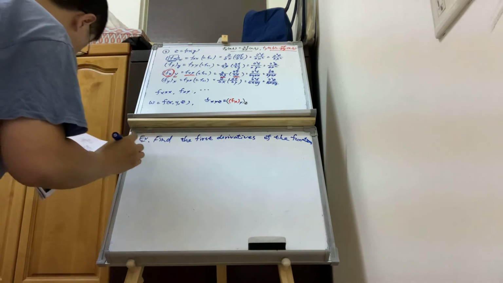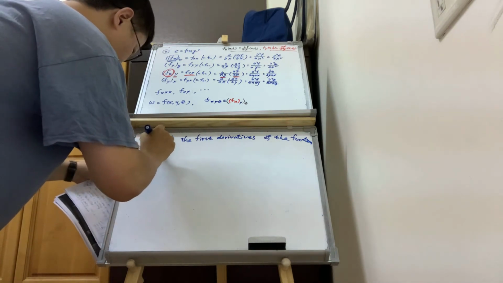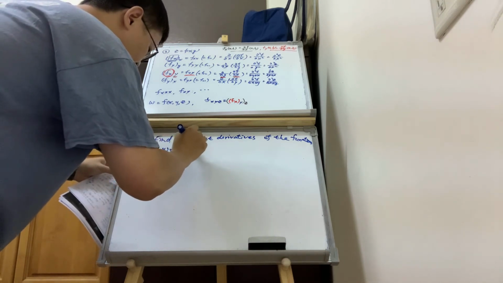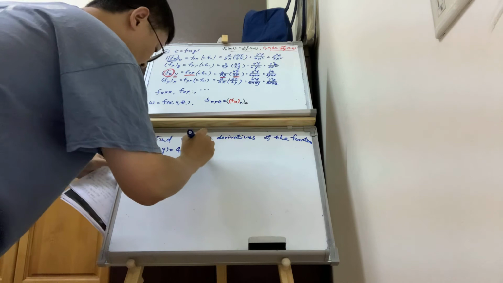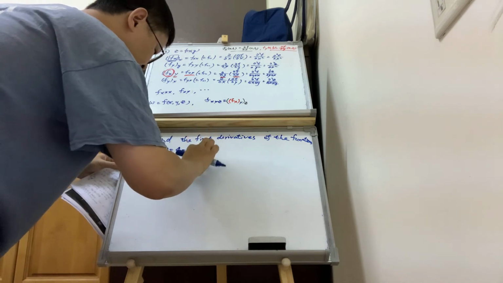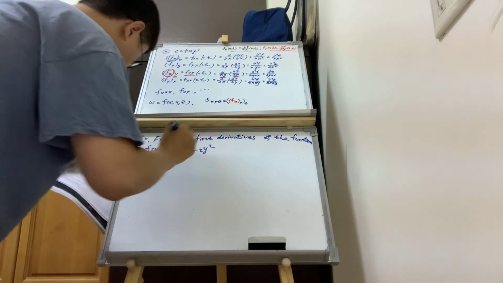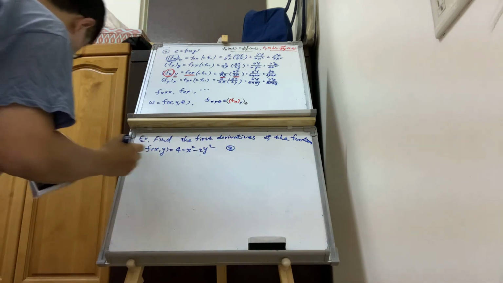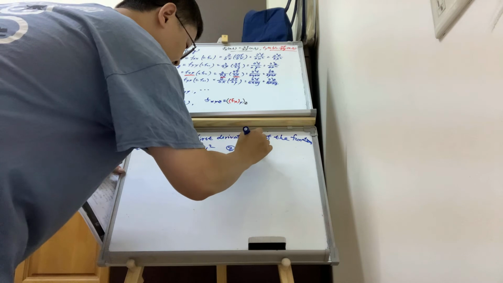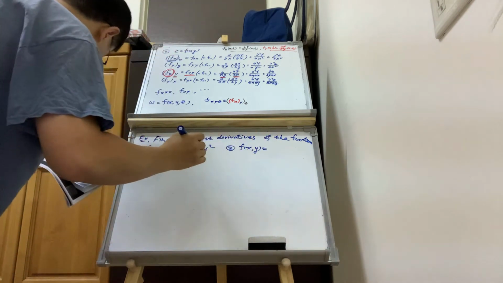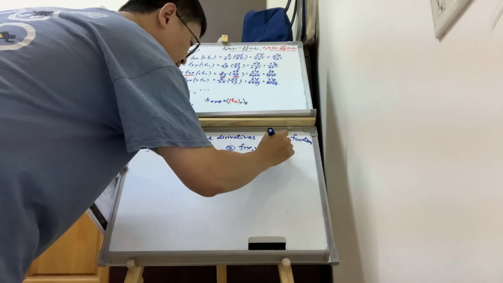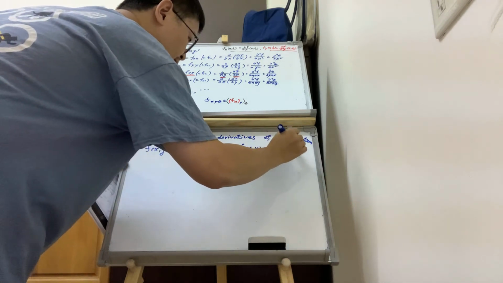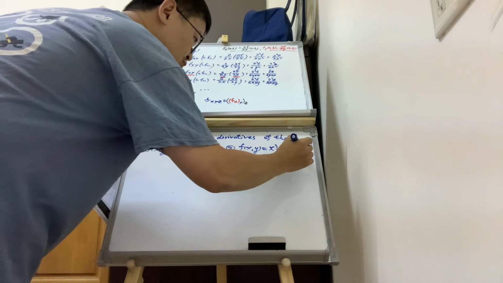The first one: f(x, y) equals 4 minus x squared minus 2y squared. Second one: x cubed plus x squared y cubed minus 2y squared.